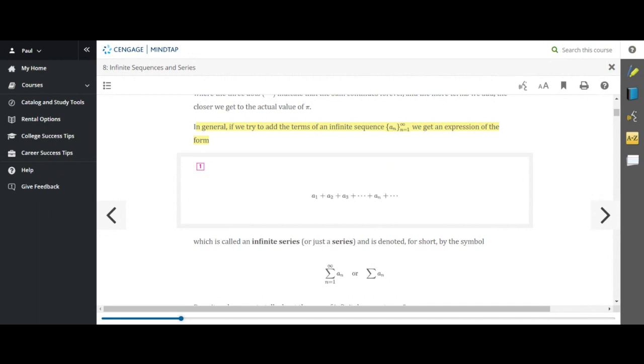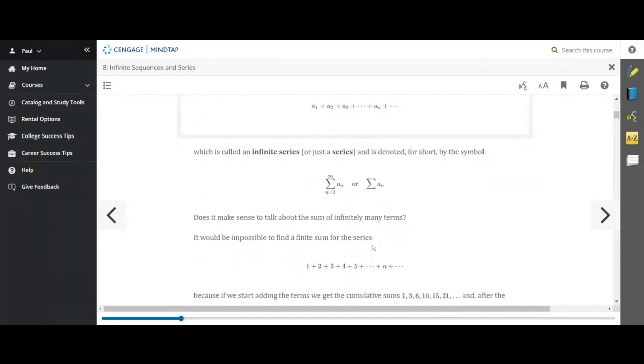You're adding the terms of the sequence, and you can write that sum, a1 plus a2 plus a3 and so forth, as just the series, n equals 1 to infinity of a sub n. Okay, and so that's sigma notation.